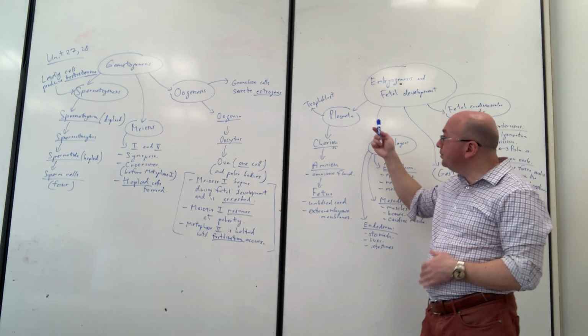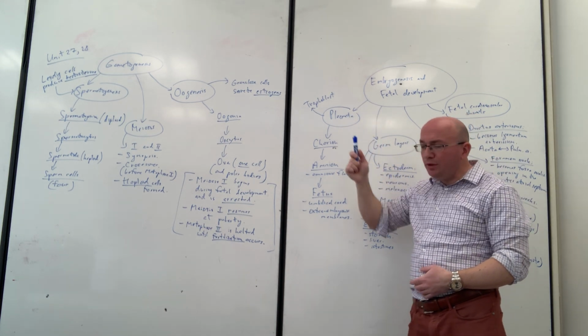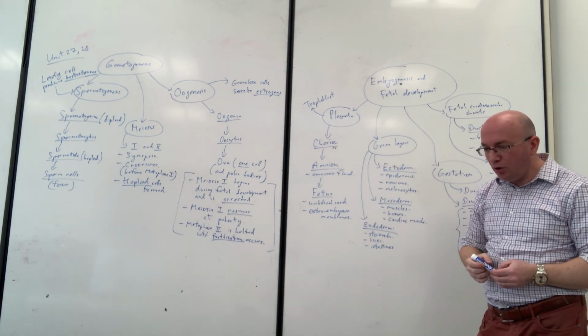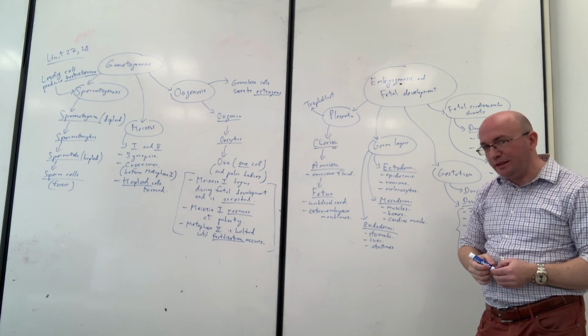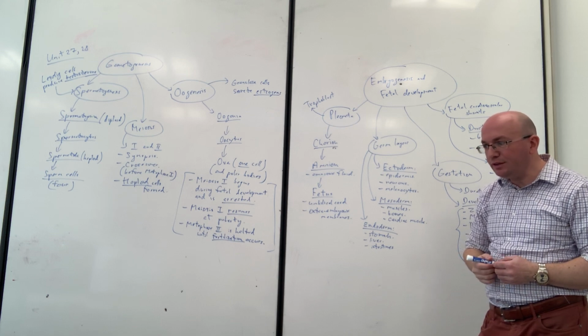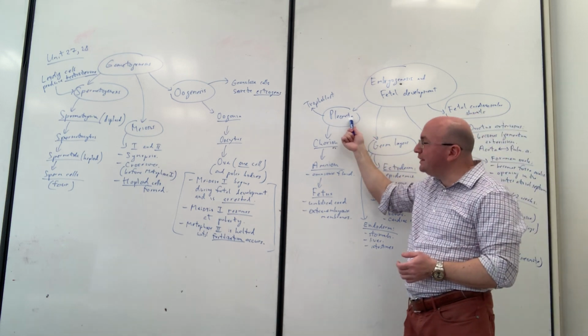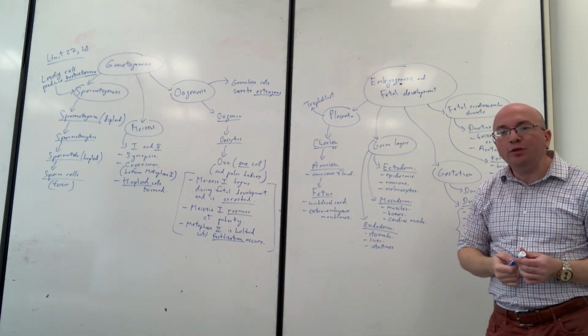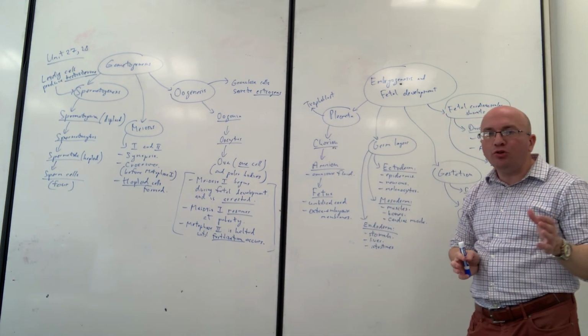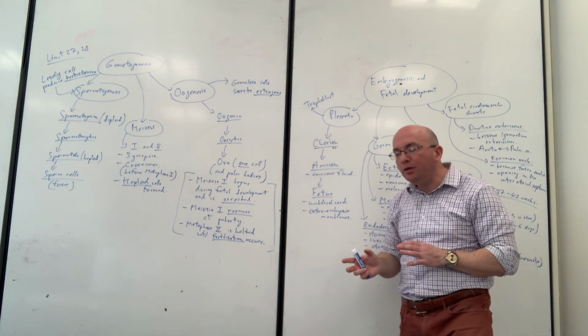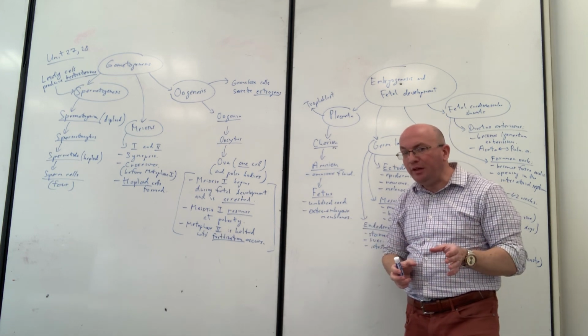Now, very important for the successful formation of the embryo and then the fetus and the child is the formation of the placenta. The placenta is a very interesting organ in that it forms from a combination of tissues from the mother and from the developing child.